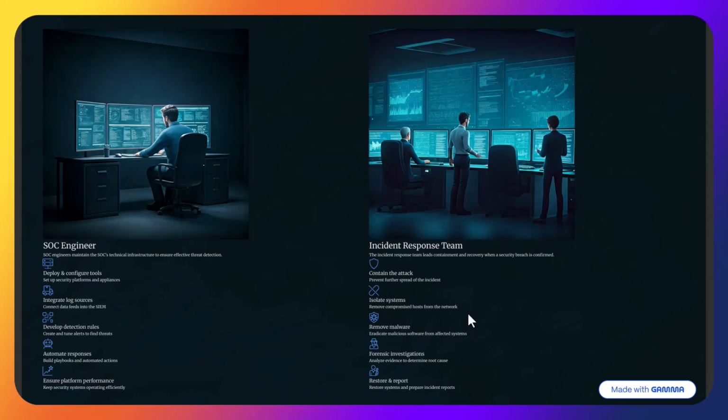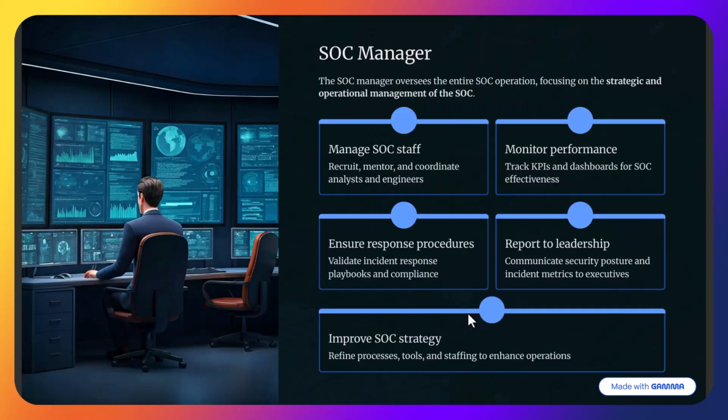The SOC manager. The SOC manager oversees the entire SOC operation. Their responsibilities include managing SOC staff, coordinating analysts and engineers, ensuring incident response procedures are followed, improving SOC strategy, that is monitoring SOC performance.